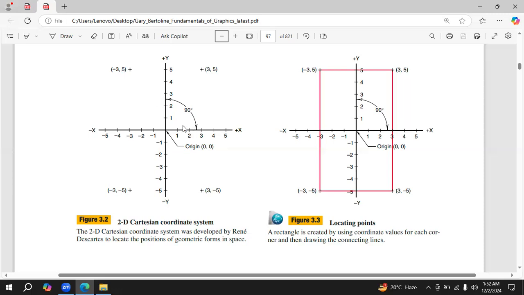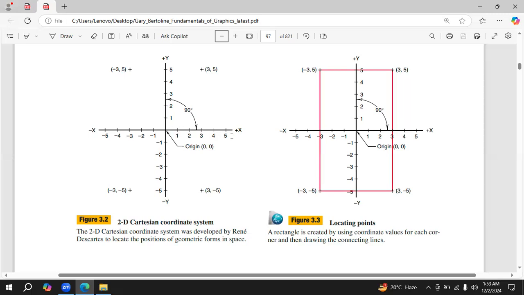For instance, we are talking about the x and y axes. According to the world coordinate system, the origin, the reference point, will always be the 0 comma 0 point. It means you are beginning your drawing right here from 0 comma 0. Afterwards, if you want to take positive values on the x-axis, there will be right side movement.